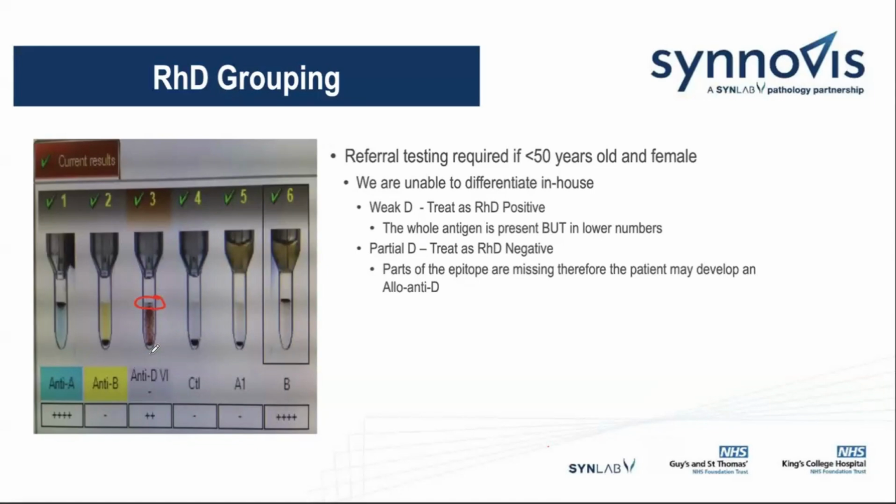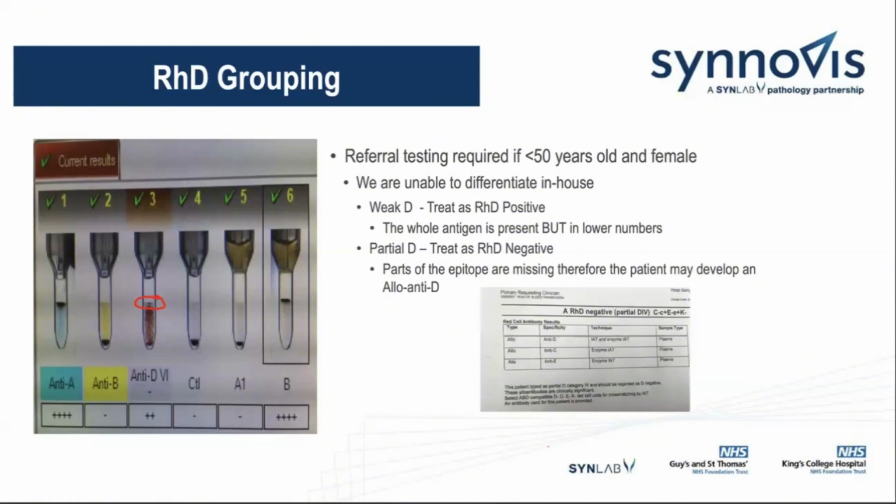But we can't do this testing in-house, so we would identify that these results are abnormal, and depending on the patient demographics, if they were under 50 and female, we would send it away, or if they were over 50 and female or a male, we would just treat them as RHD positive until potentially they made an anti-D.